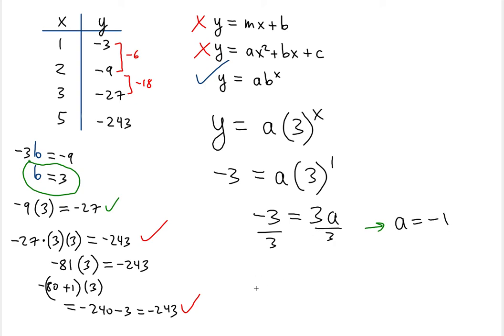So as a result, the equation that we need is y is equal to minus, we don't have to write the 1, we can just write minus, because minus automatically means that the 3 will multiply by -1, raised to the x power. Now, be careful that you see, since I didn't use the parentheses, the minus is not part of that power x, right? So x does not take care of the minus.